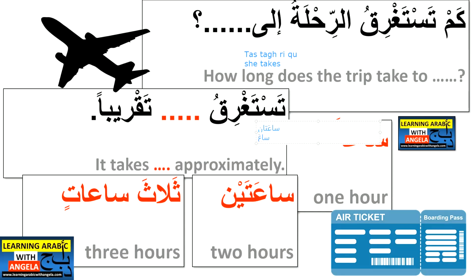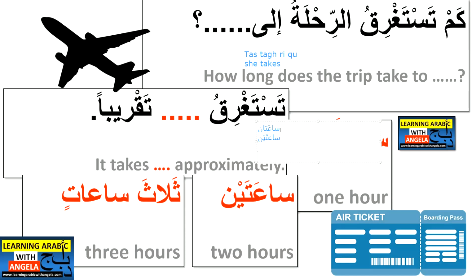What's the difference? The difference is just the grammatical, the inflection or the grammatical case. So ساعتان in the nominative case, ساعتين in the accusative and genitive case. So تستغرق ساعتين, because in this case it's the object.